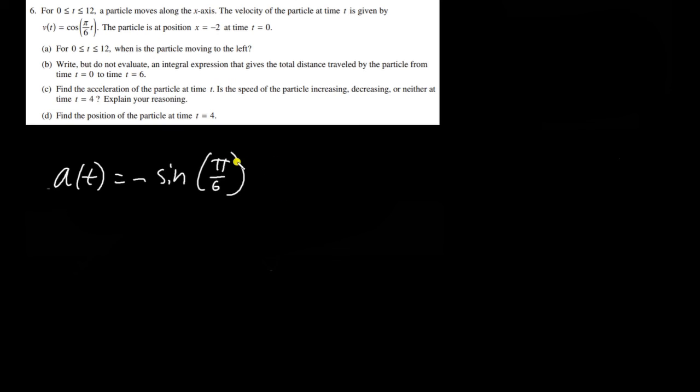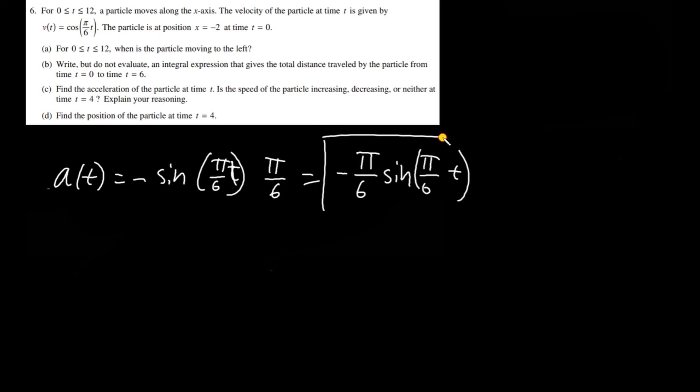So we're going to multiply this, which should be pi over 6 t, by the derivative of pi over 6 t, which is pi over 6. If I rewrite that, we get negative pi over 6 sine of pi over 6 t. That's our acceleration at time t.